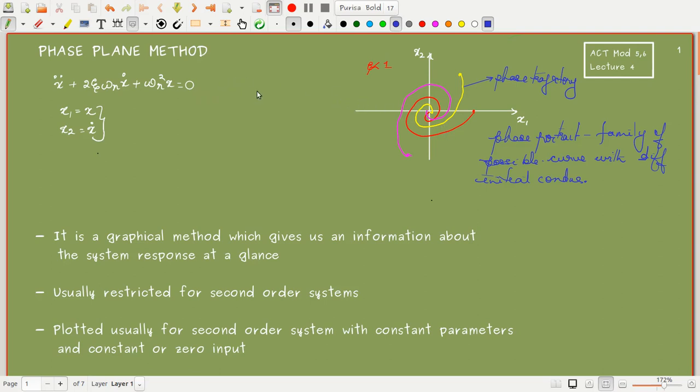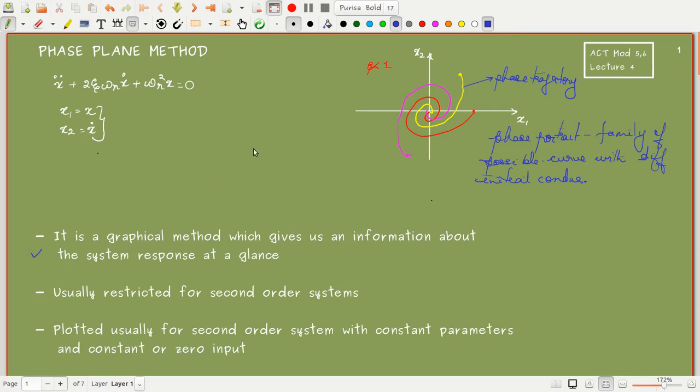We can draw this for nonlinear systems also. So that is the advantage of this phase plane method. In fact, it is a graphical method which gives us an intuition about what the system response would be.